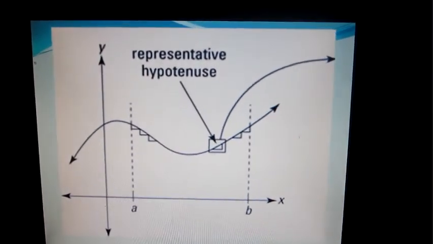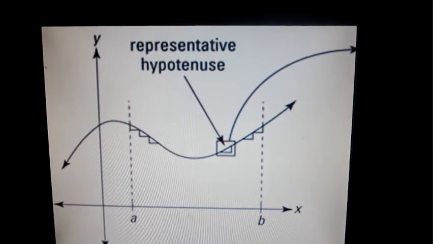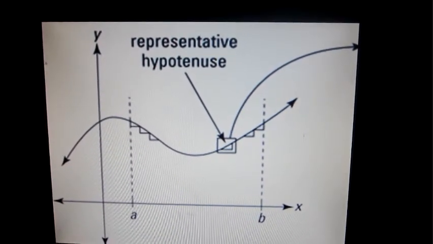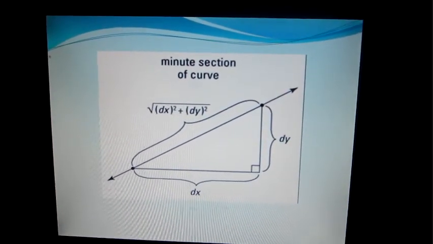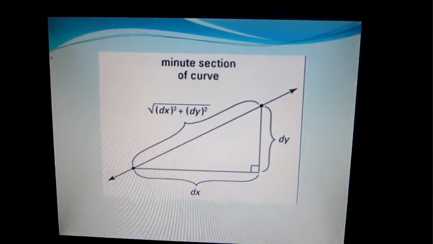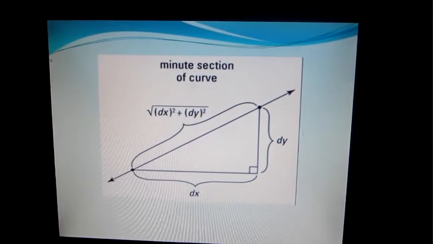You can imagine that as you zoom in further on a curve, dividing the curve into more and more sections, the minute sections get straighter and straighter, and the hypotenuses of the right triangles better and better approximate the curve.